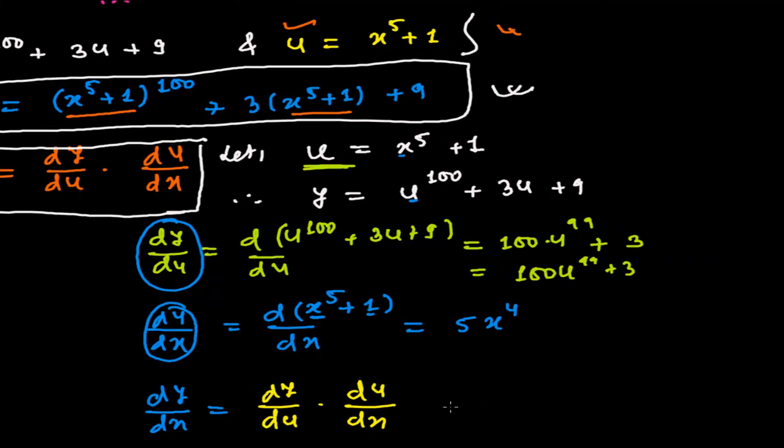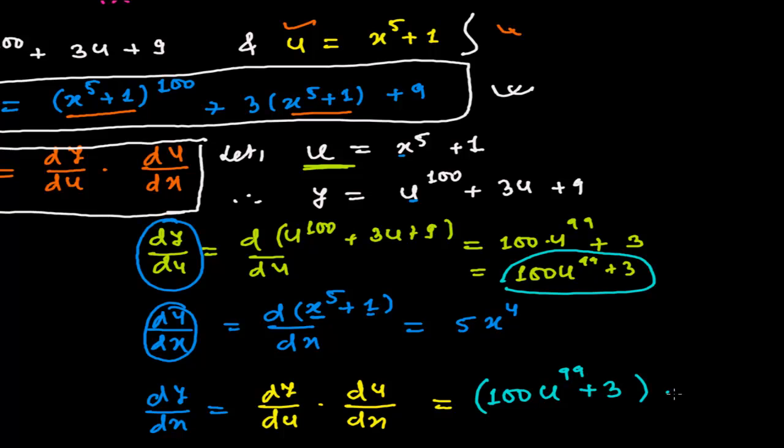We have already found dy over du, which is 100 u to the power 99 plus 3, and then times du over dx. How can I get du over dx? I have already found that, it is 5x to the power 4. So I can write here 5x to the power 4.